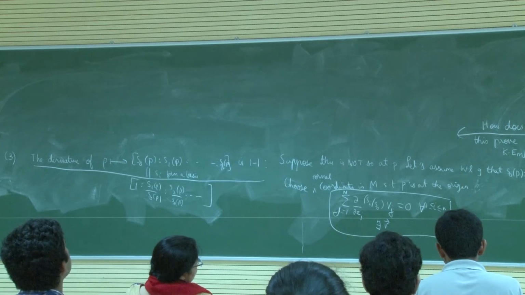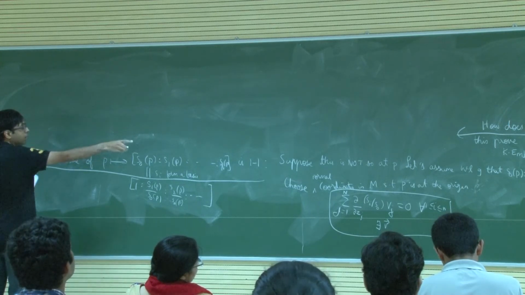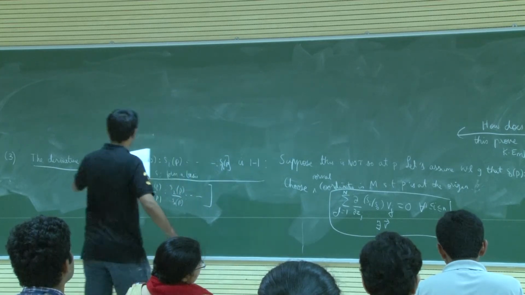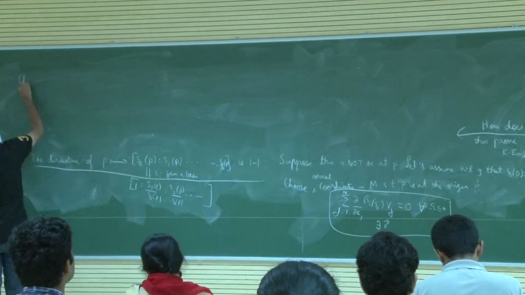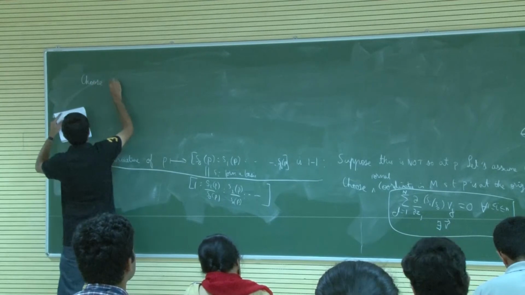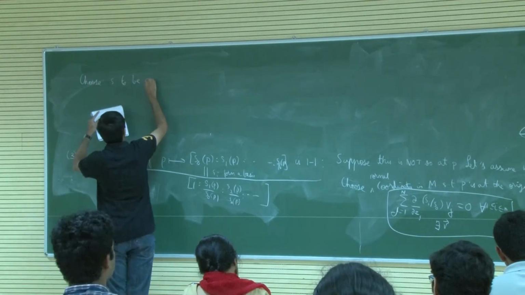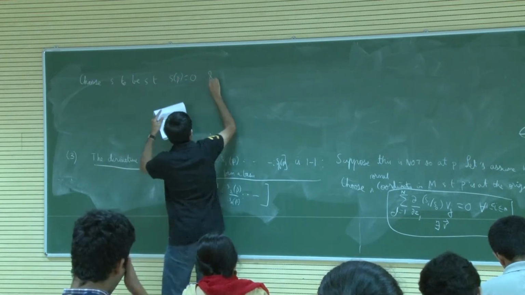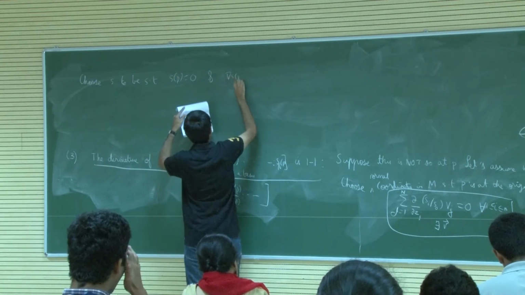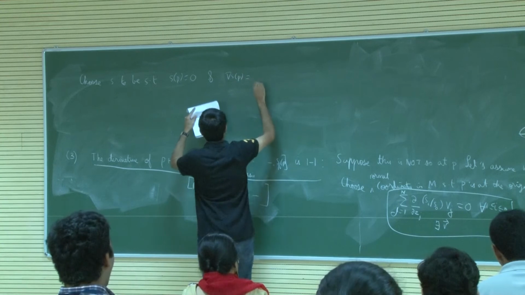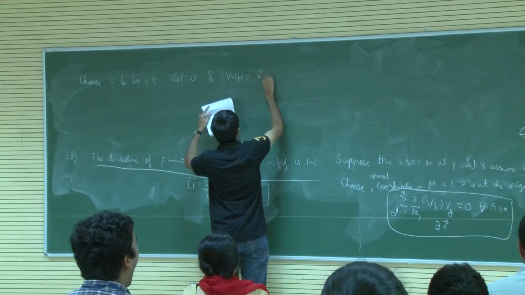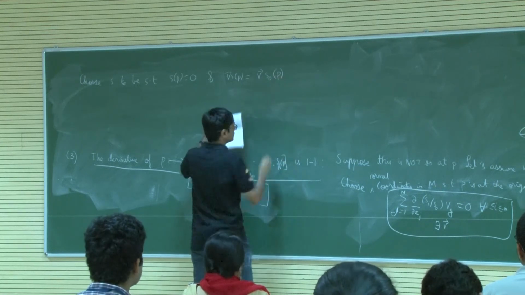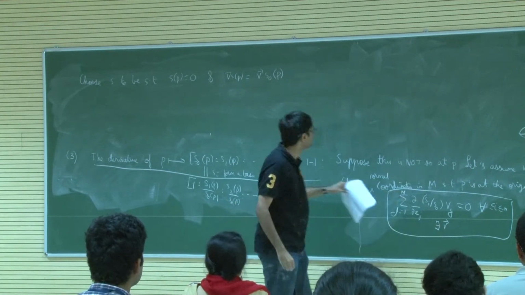So, the point is, we have not used the full strength of what we claim we will do. So choose S to be such that S of p is 0 and the derivative is the vector v times S naught of p, where S naught is this thing. Okay?